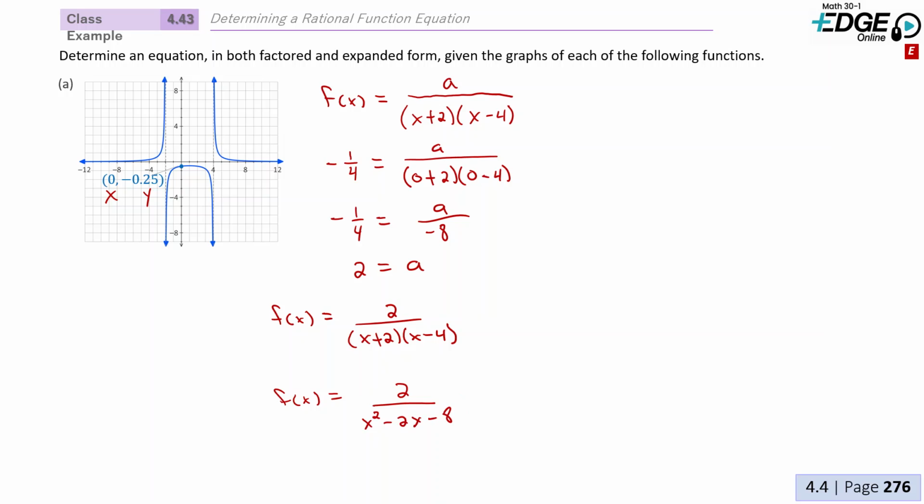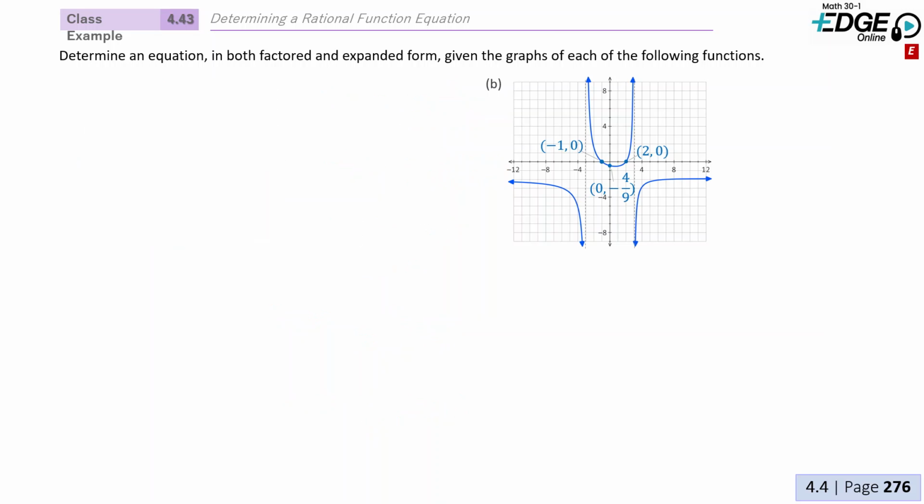All right, let's take a look at B. Again, we're just going to start filling in what we know. This time we have our x-intercepts, so that's going to change it up a little bit. Let's start by writing out f of x is equal to, and again, I'm going to split this up between the numerator and the denominator. In the numerator, that's where our x-intercept factors go.